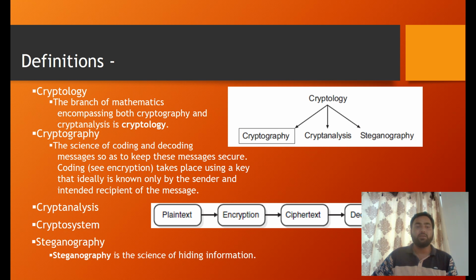Then comes steganography. Steganography is the science of hiding information. It is the process through which we hide the information from unauthorized or unintentional users so as to protect the information from being used for malicious activities.